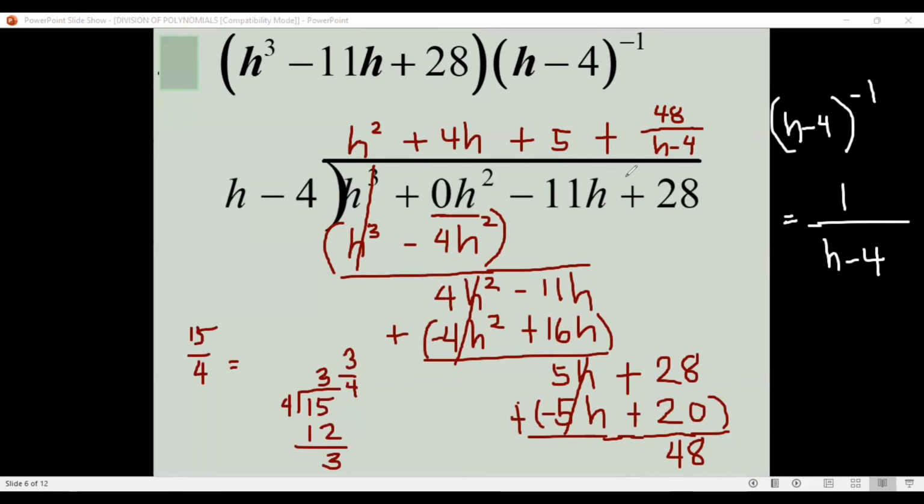Okay, so that is how we divide polynomials. You see, or when you have polynomials divided by a monomial, and then a polynomial by a polynomial using the long method. Okay, I will be explaining the other method, which is the synthetic division method, in another video.